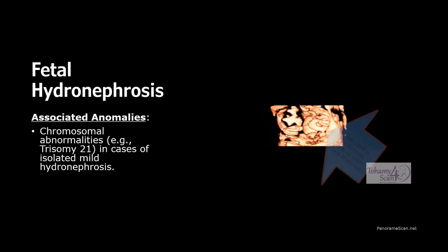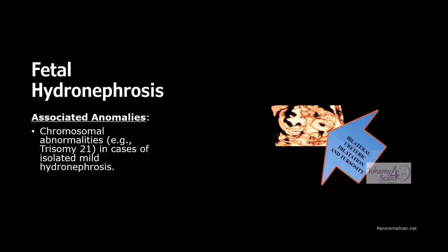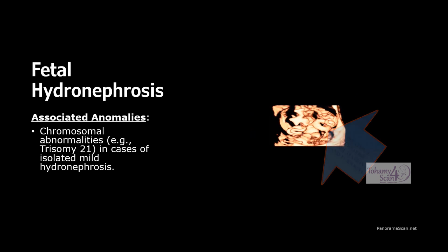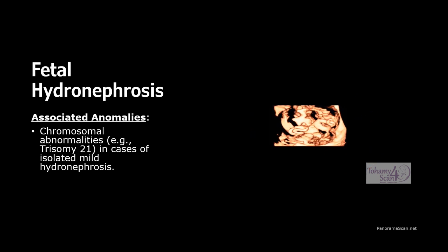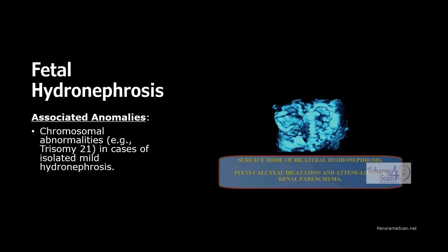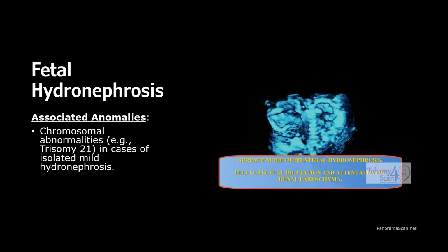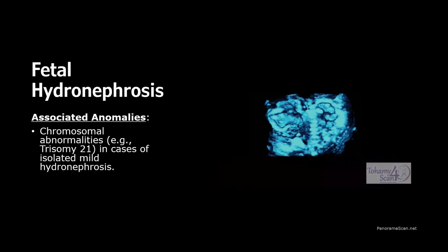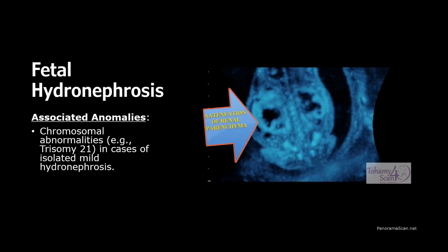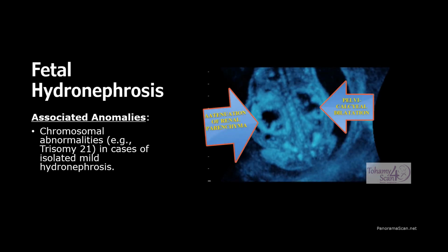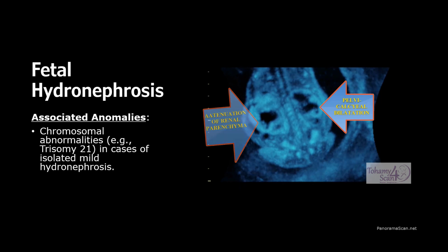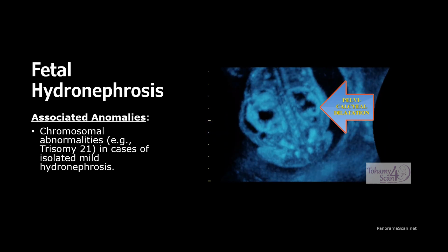For instance, trisomy 21 can be associated with mild hydronephrosis or pyelectasis. Though the hydronephrosis itself might not be severe, it is crucial to assess for other signs of chromosomal syndromes in these cases, as early intervention and counseling are often required.